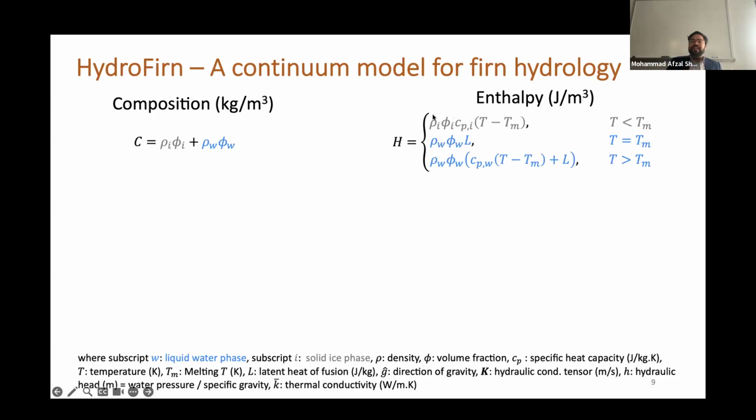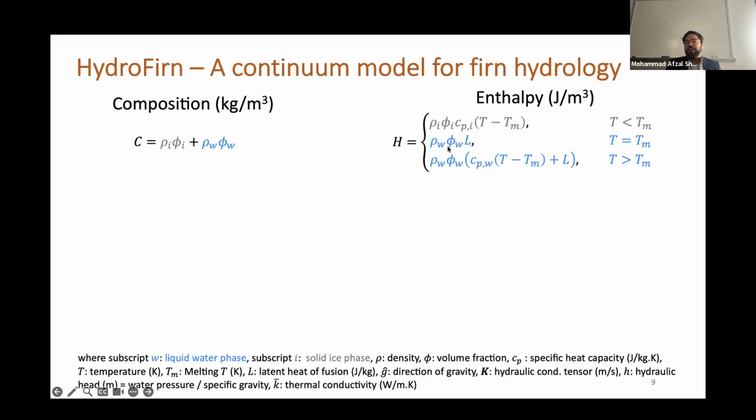For temperatures less than the melting temperature, it's the sensible heat of porous ice. It's density of ice times volume fraction of ice times specific heat of the ice phase times the cold content, T minus melting temperature. But if the temperature is equal to the melting temperature, this term goes away, and then we only have enthalpy from the latent heat of fusion of liquid water.